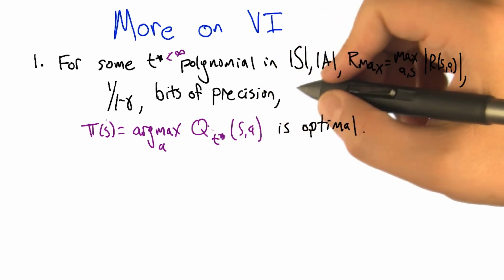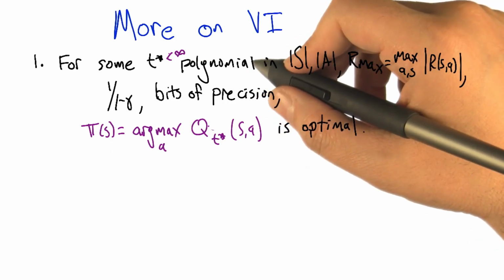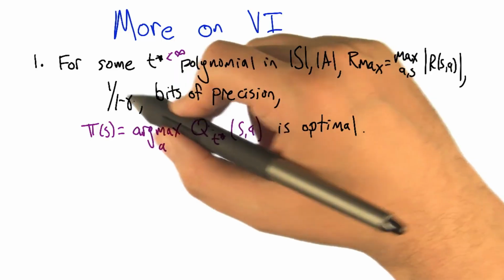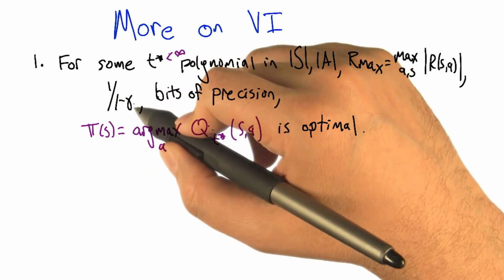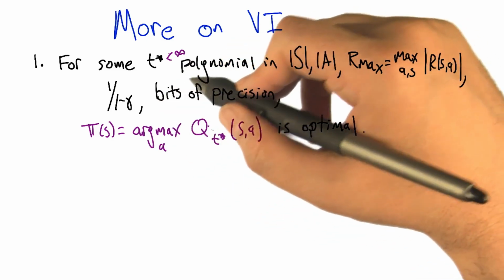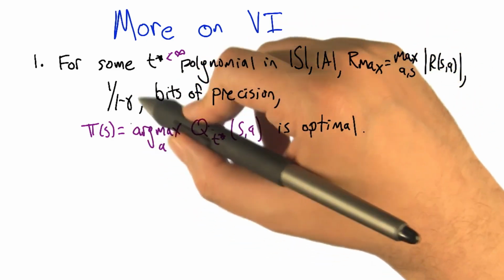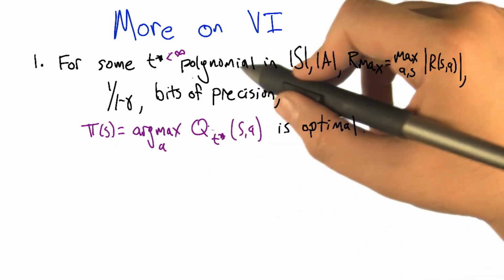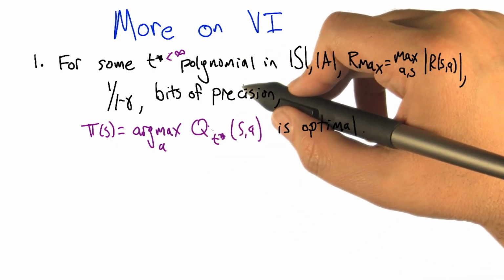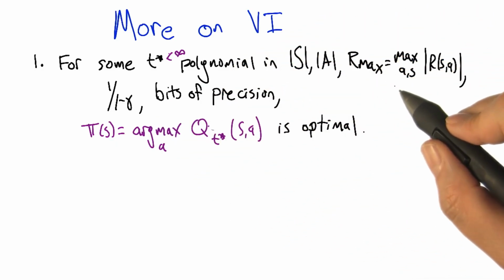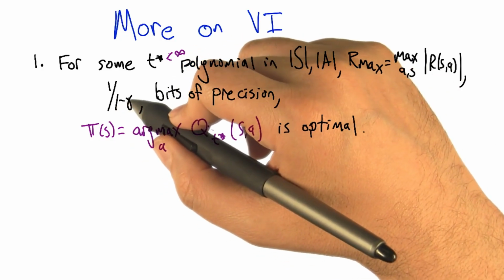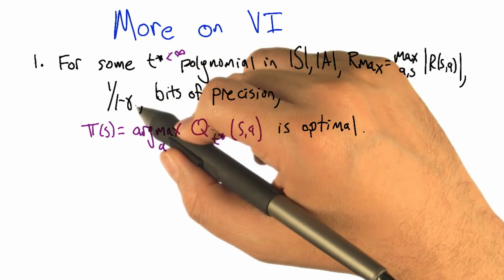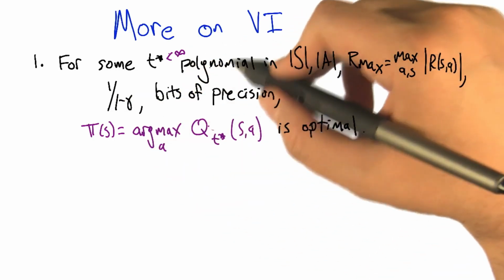Yeah, now the trick in this particular thing, the reason it's not just polynomial, is this 1 over 1 minus gamma. So as gamma gets close to 1, this blows up, and that's not polynomially bounded in, say, the number of bits that it takes to write down gamma. So it really is exponential in terms of the number of bits it takes to write down the whole problem. But even so, if you take gamma to be some fixed constant, then 1 over 1 minus gamma might be really big, but it's some fixed constant, and we're polynomial in all the rest of this stuff.